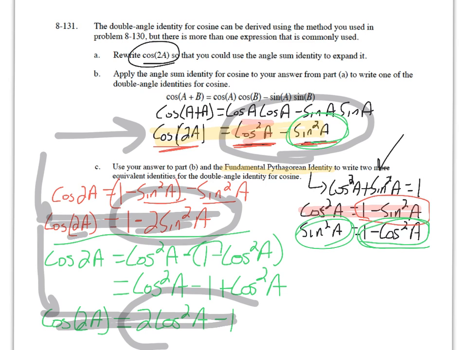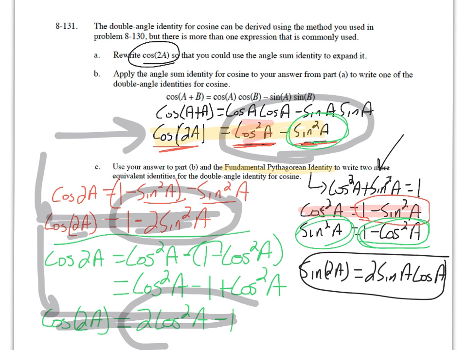In your sine of 2a formula from the previous slide, the sine of 2a is equal to 2 times the sine of a times the cosine of a. There's only one of those.